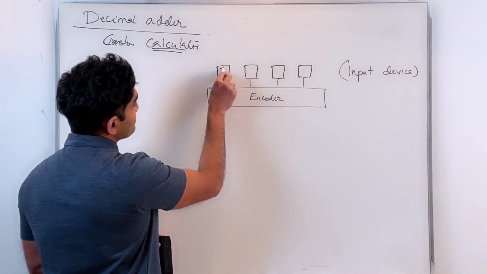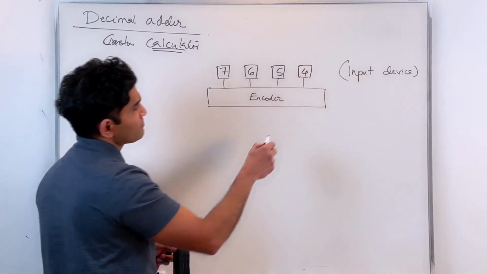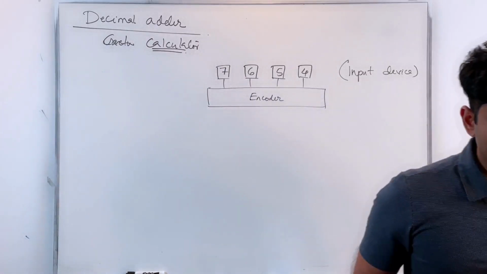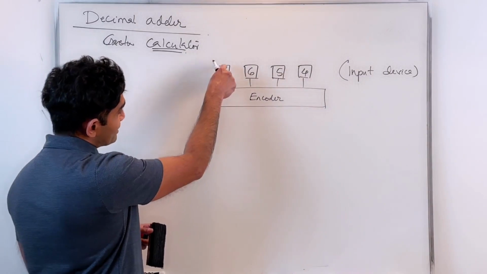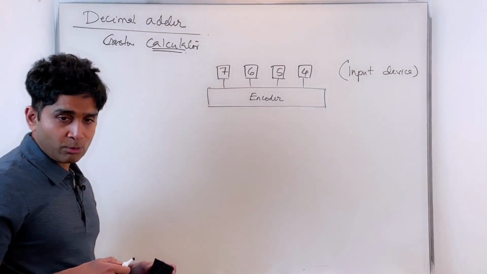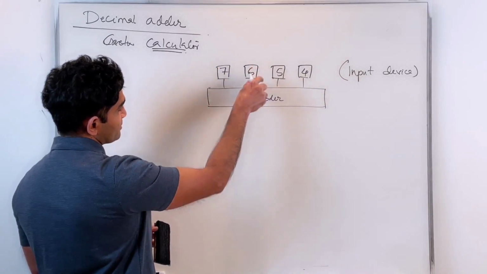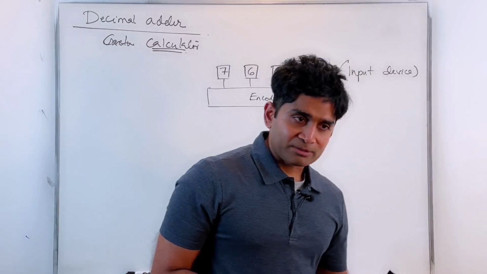So let's say I'm just showing some numbers. Now you can imagine you have 1 through 9 on your keypad. You have some kind of an encoder there that encodes each of my decimal digit into what is called the binary coded decimal value, right? So when I press, let's say 6, that comes out as its corresponding binary coded decimal value.